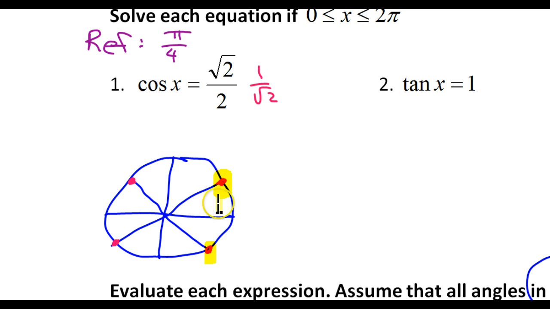So these are the two angles that will give us positive radical 2 over 2. So what are they? Well, of course, each one of these is pi over 4. So the first one is simply pi over 4. All right? But this is 2 pi over 4, 3 pi over 4, 4 pi over 4, 5 pi over 4, 6 pi over 4, 7 pi over 4.